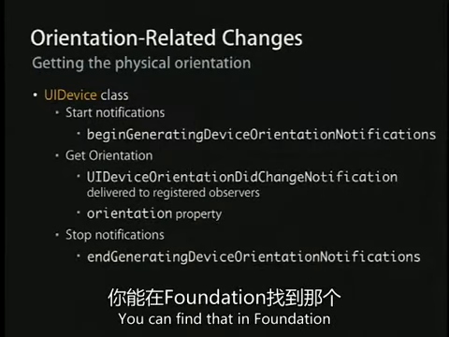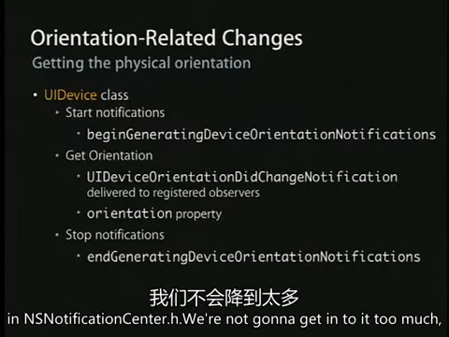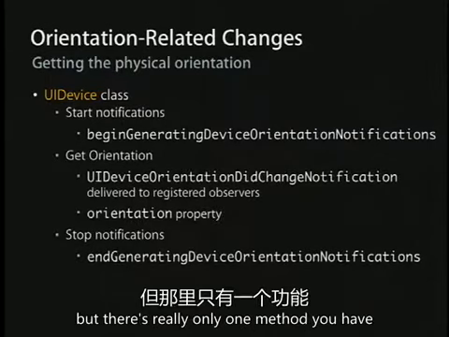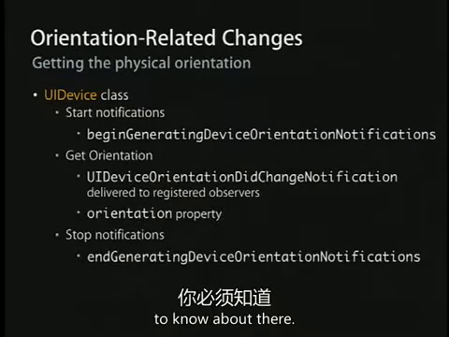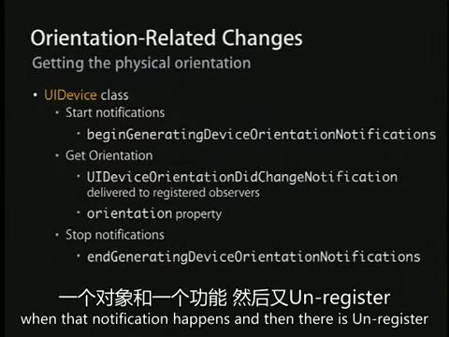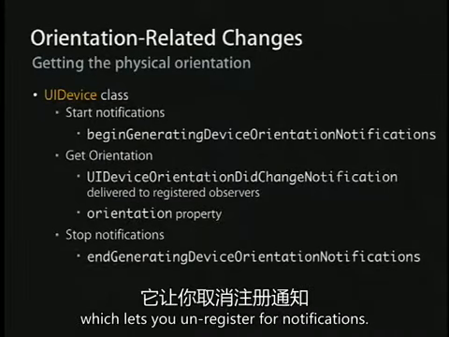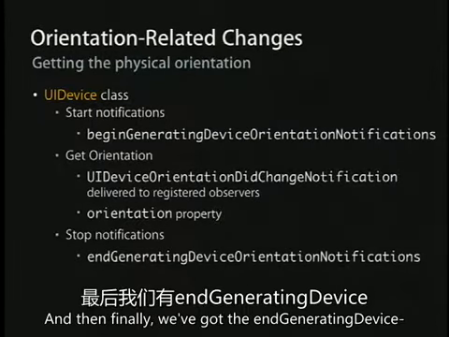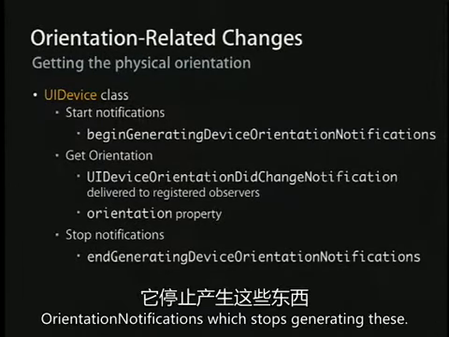You can find that in Foundation in NSNotificationCenter.h. We're not going to get into it too much, but there's really only one method you have to know about there. Well, two. There's register for notification, and you specify an object and a method to be called when that notification happens. And then there's unregister, which lets you unregister for notifications. And then finally, we've got endGeneratingDeviceOrientationNotifications, which stops generating these.